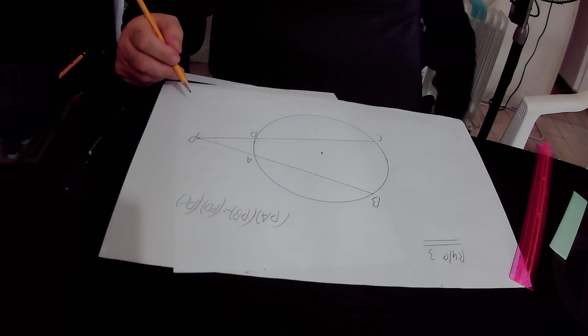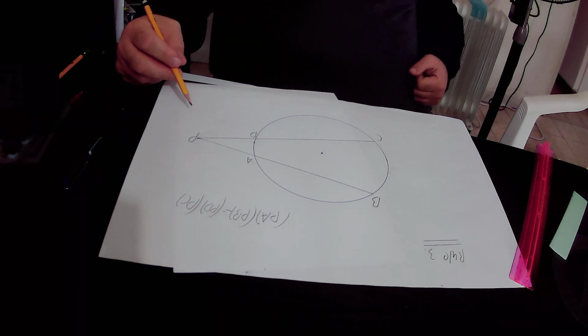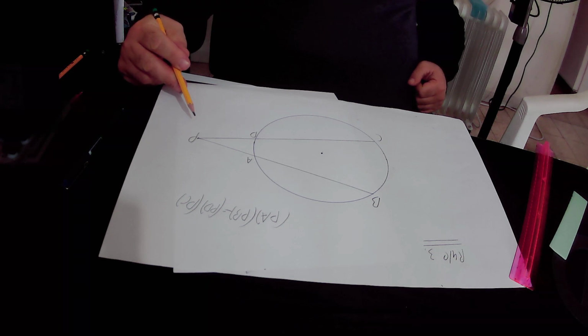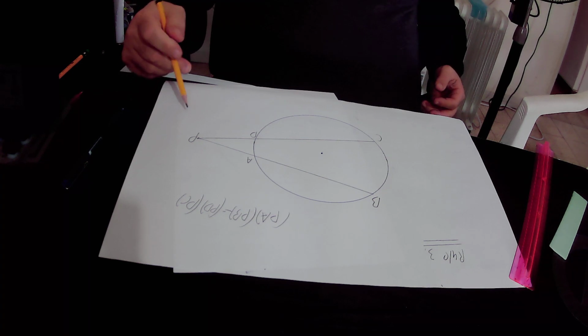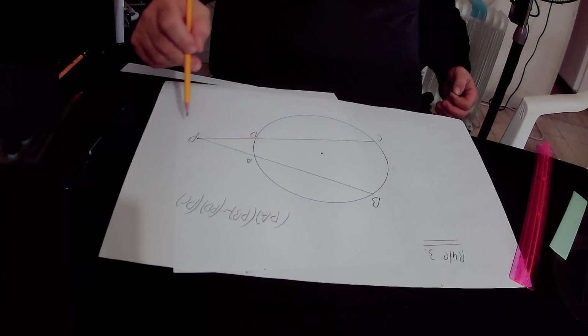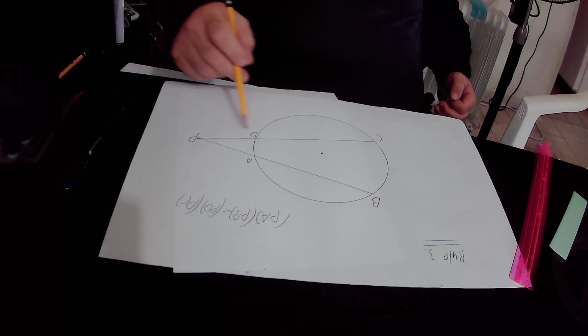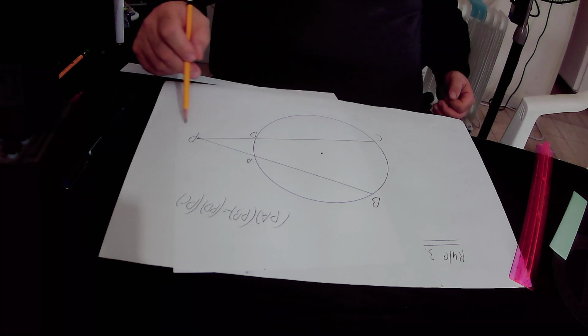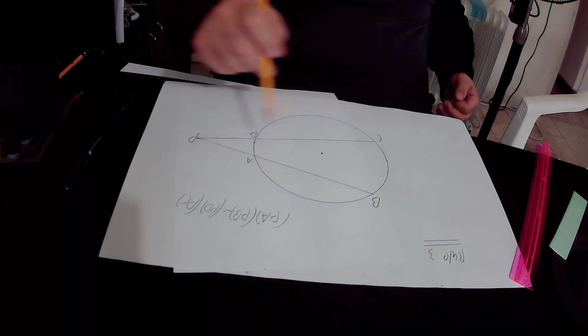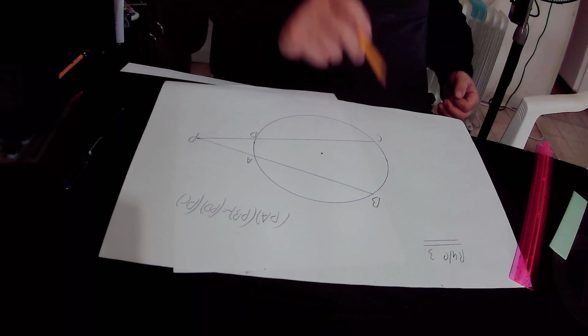I repeat again, whenever you draw 2 chords to a circle from an external point of this circle, then according to this rule, PA times PB equals PD times PC.